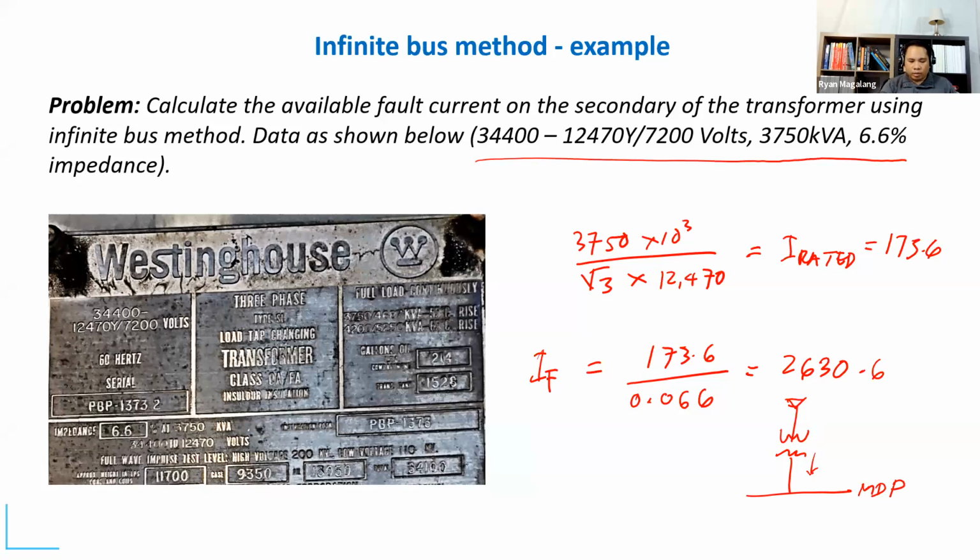Now imagine that's just for a 3750 transformer. What if you have a bigger transformer here? Your fault current will increase also, because it's a function of your kVA rating, your apparent power rating.